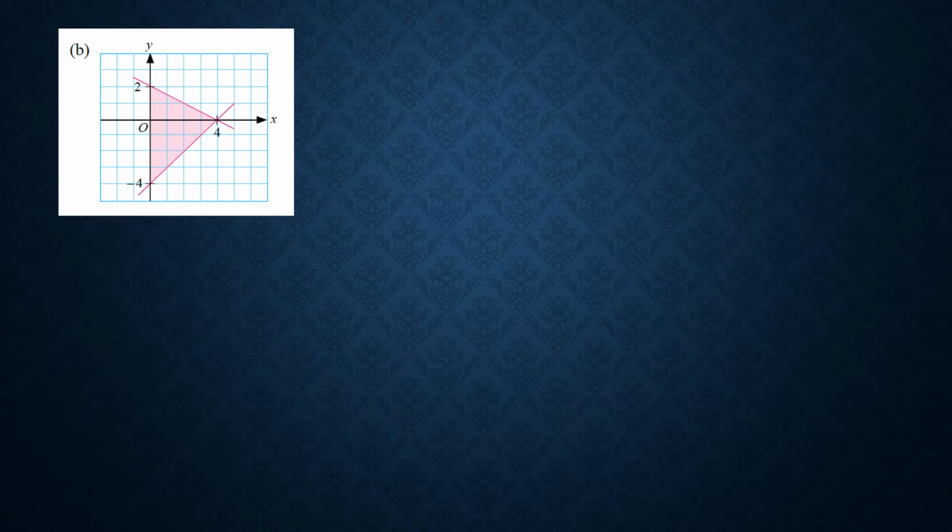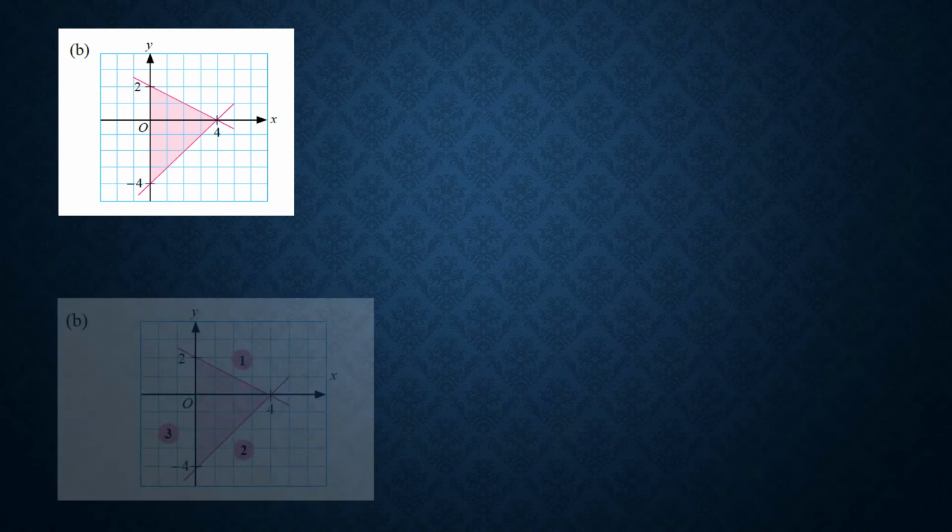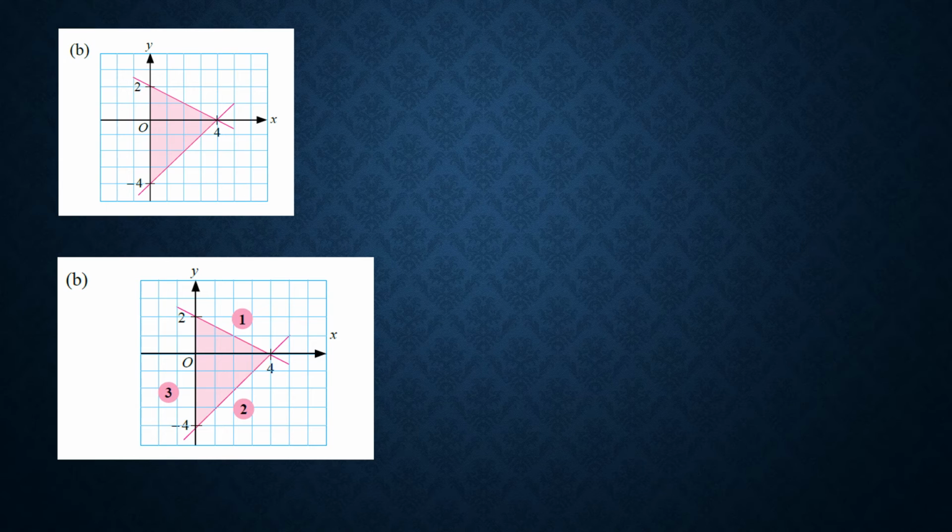Next, we look at part B. You have 3 lines also. You can label them 1, 2, 3. If you look at the first line, it passes through the coordinates (0, 2) and (4, 0). So what you must do is find the gradient first.